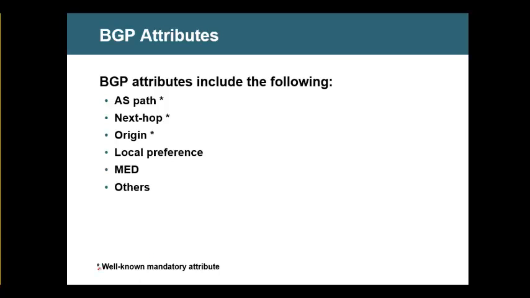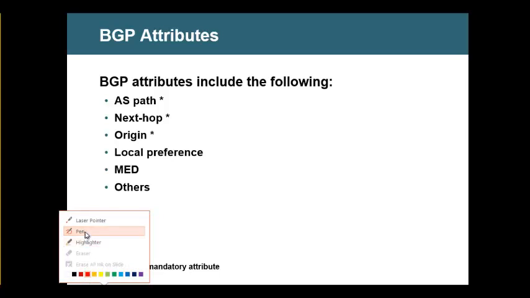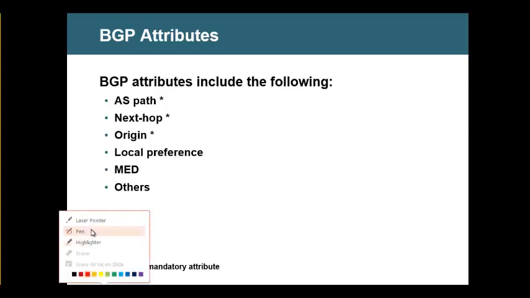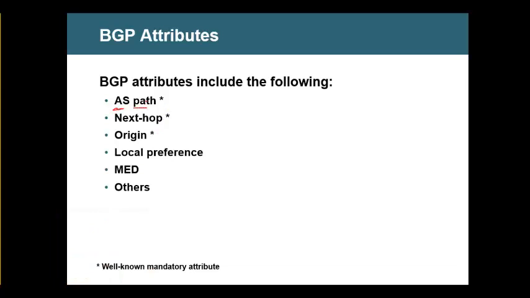BGP attributes, we'll see with some examples. For example, AS path is one of the attributes. Autonomous system path. We learned BGP is a path vector protocol. When it advertises some network, not just the network is advertised, attributes are advertised.